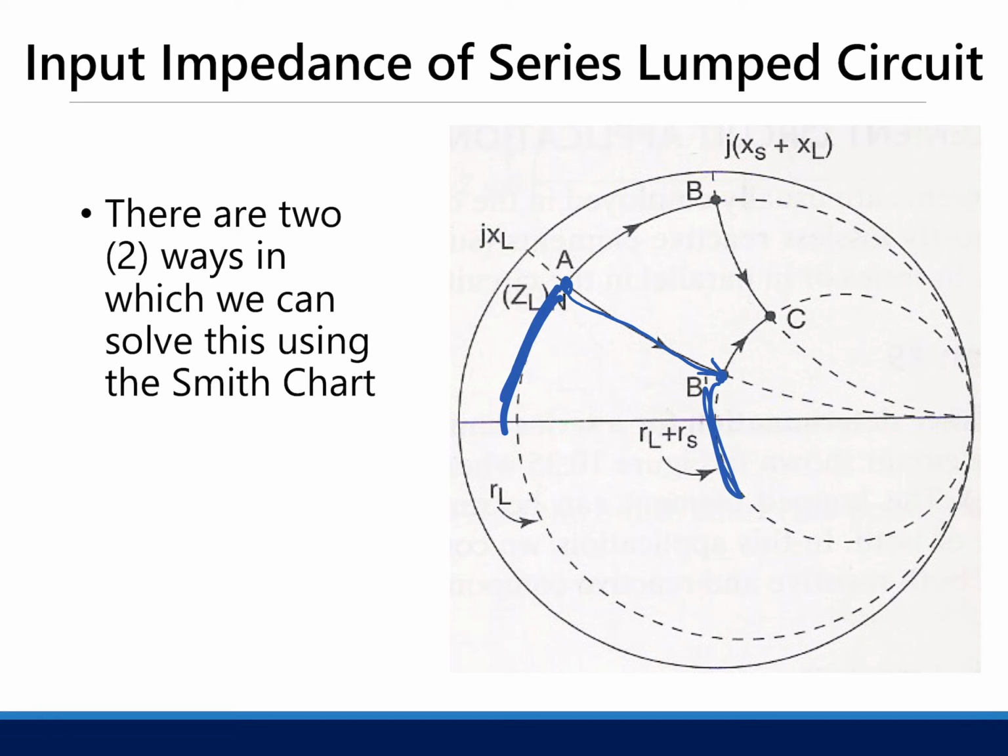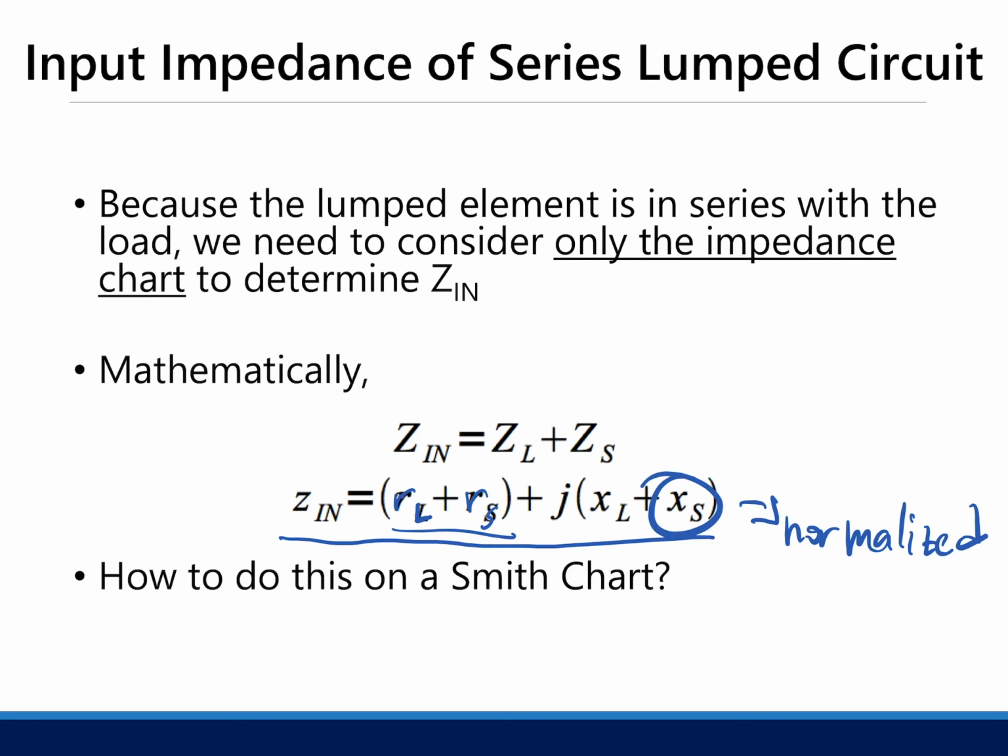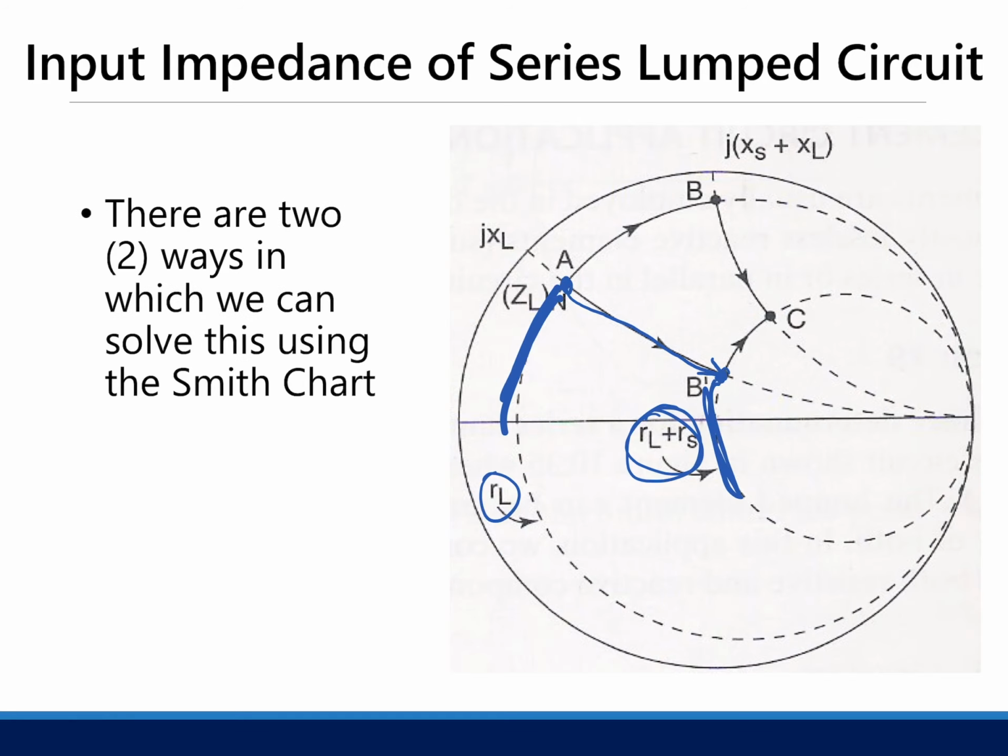The value of the constant resistance is RL plus RS. So you move from the RL resistance circle to the RL plus RS resistance circle, and then from here you add the reactance XS. That would mean you're going to move on the constant resistance circle defined by RL plus RS, and you move this way.